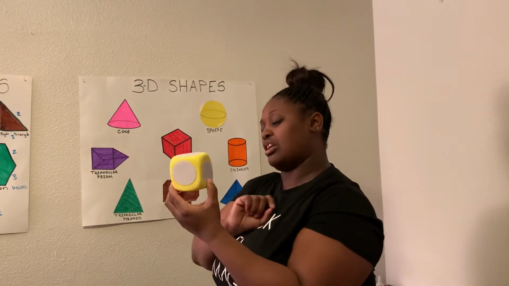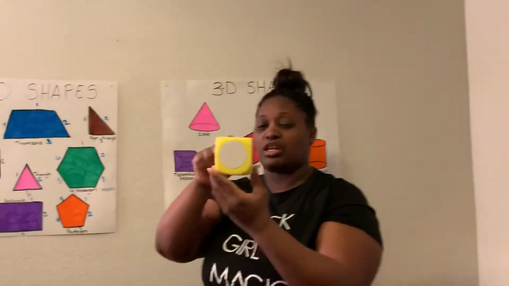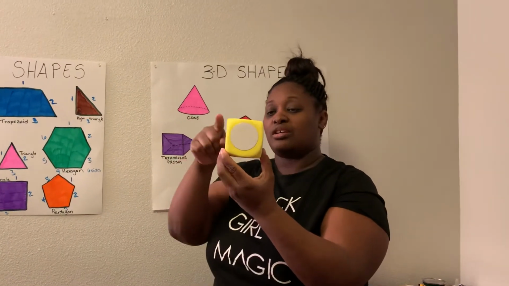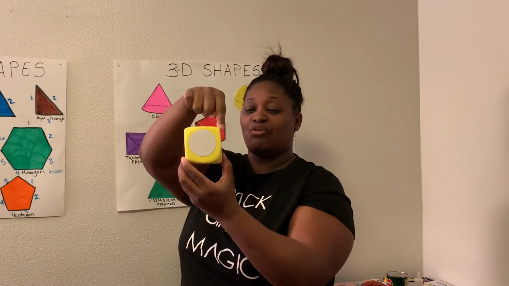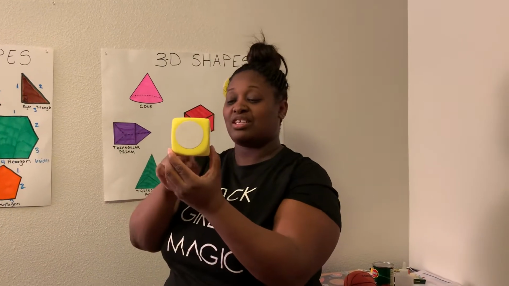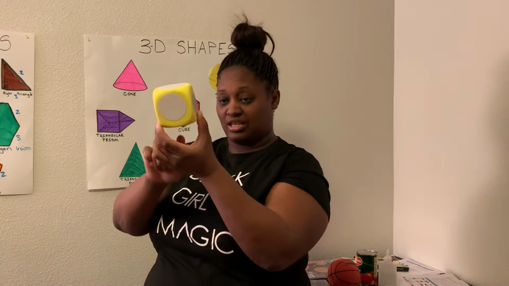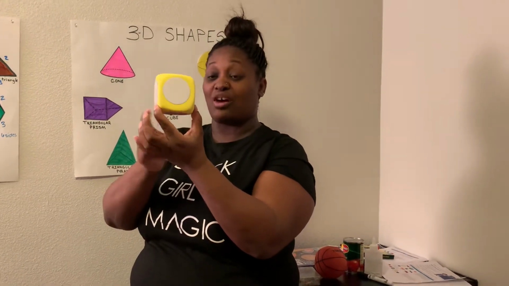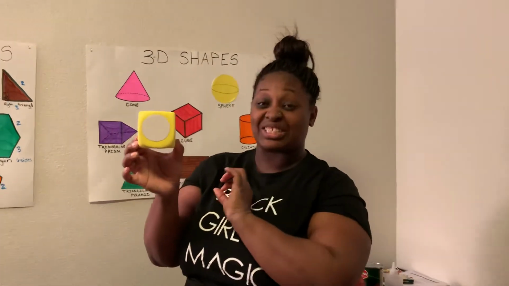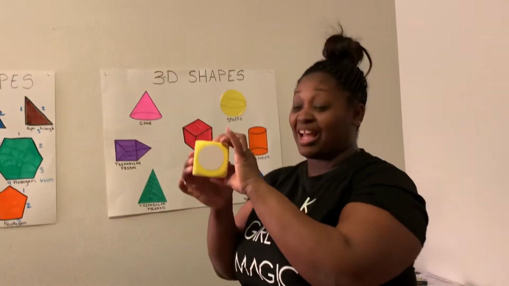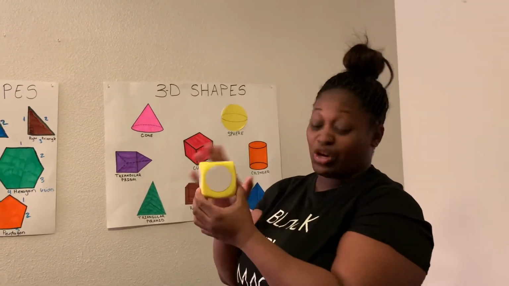Let's count them again. Help Teacher Candace. 1, 2, 3, 4, 5, 6, 7, 8, 9, 10, 11, 12. 12 edges. Wow, that's a lot for one shape.